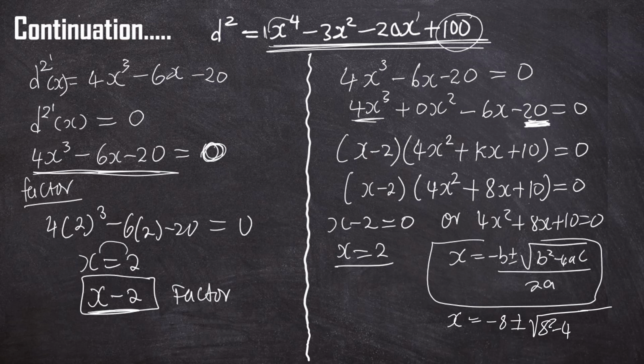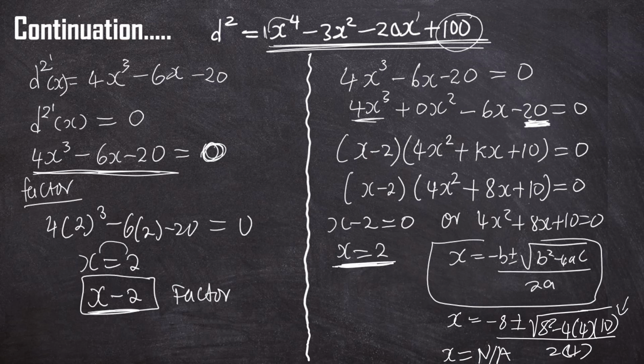What is our a? Our a is 4, our c is 10, divided by 2 times a, which is 4. When you punch your calculator, it's going to be no solution on this side, because there you have a root of a negative, right? So there's no solution for that. It means that this function only has one root, which is x equals 2.